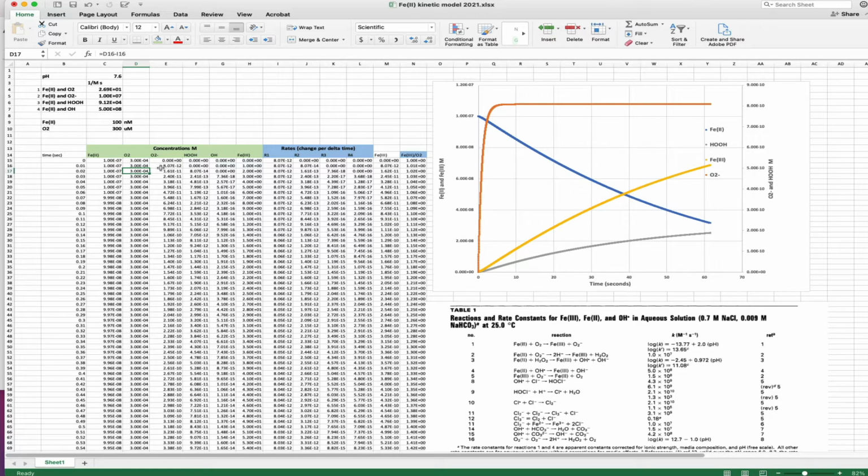Well, let's go to superoxide. Superoxide now is a little more complicated. It's going to be the initial concentration, which is E15, plus the amount we get from the first step. So remember, the first step consumes oxygen and produces superoxide. So reaction 1 increases or rate 1 increases the superoxide concentration, and rate 2 decreases the superoxide concentration.